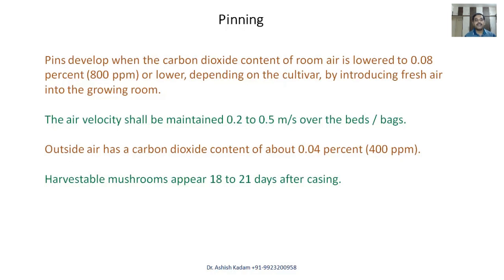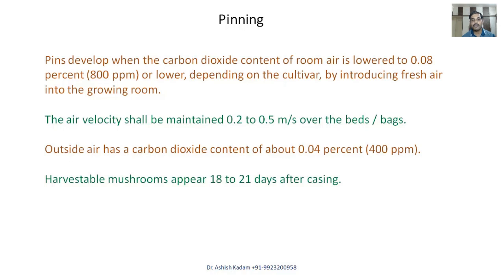So pins develop when we provide a thermal shock, which we have discussed. Again, I am repeating the same things. In the first phase we require a temperature of 22 to 23 degrees centigrade. When we want to start the pinning, we reduce the temperature to 15 to 16 degrees centigrade.